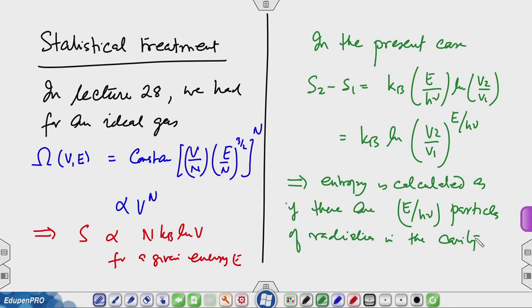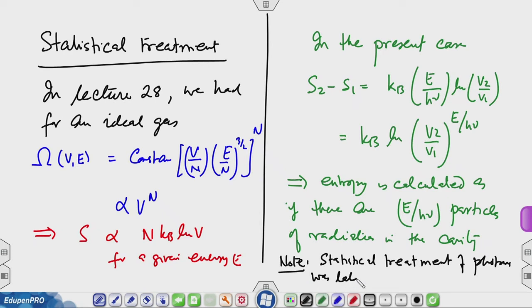So, this was again an evidence that this radiation can be considered as composed of these particles, each with energy h nu, and total number of particles is E over h nu. Of course, there is a note here that the statistical treatment of photons was later done by S.N. Bose, who came up with this statistics that photons follow, and which is now known as Bose-Einstein statistics.